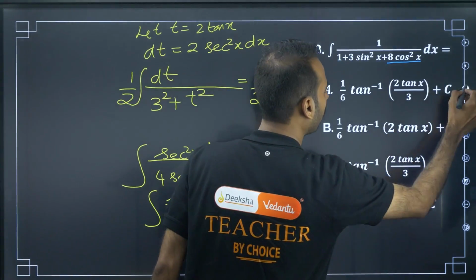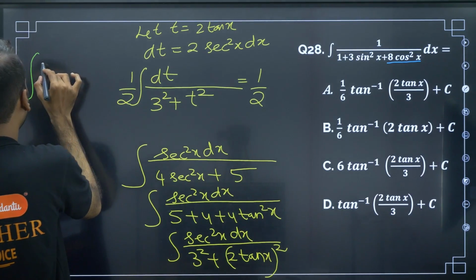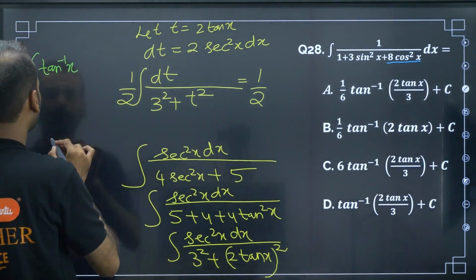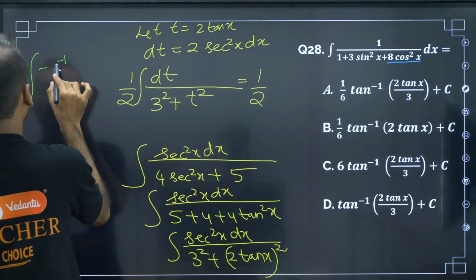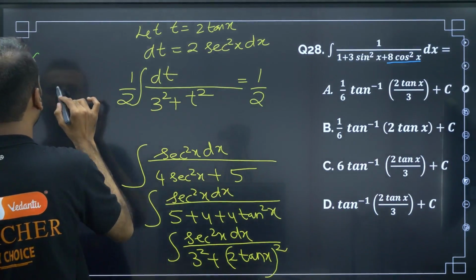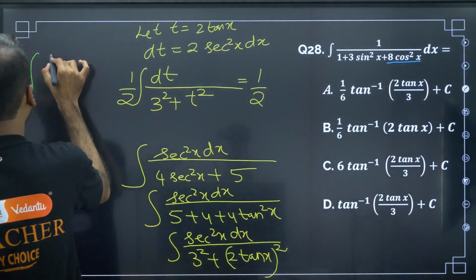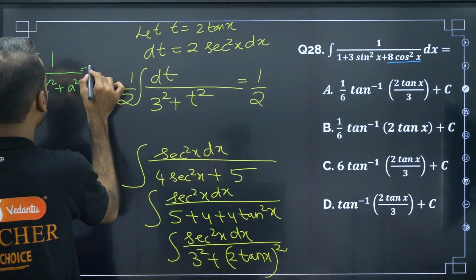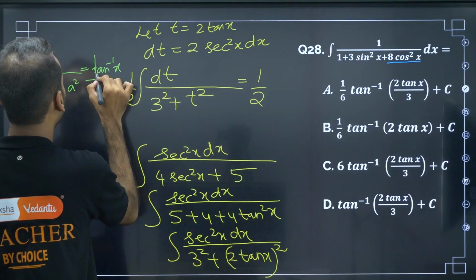At this point of time you should be able to recall one synopsis point: integration of 1 by x square plus a square is equal to 1 by a tan inverse x by a.